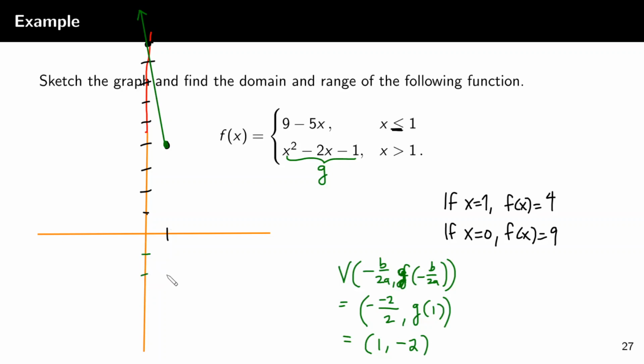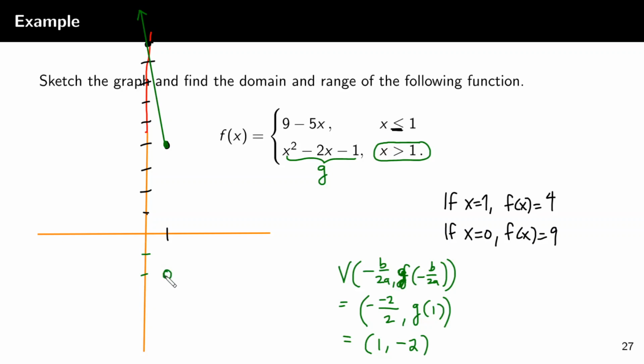Now, the thing here is, itong vertex, hindi siya part nung mismong graph. Kasi yung inequality natin ay x is greater than 1. So, I'm just going to draw the vertex as a hollow circle to signify na hindi siya part ng graph.